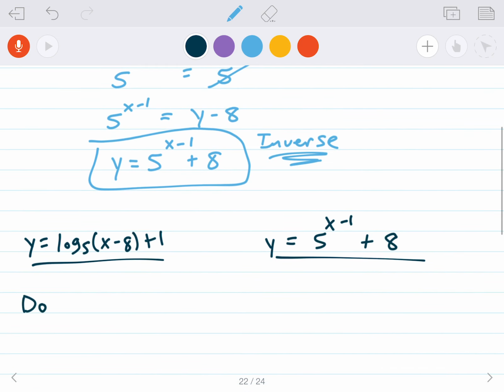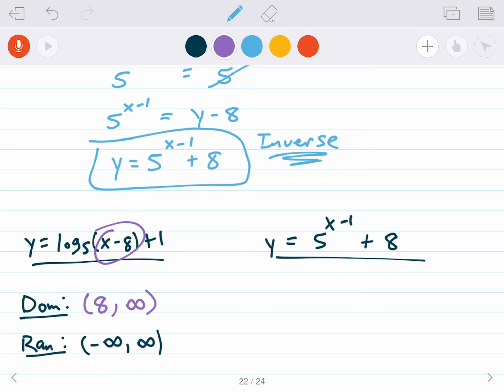All right, so what is my domain and my range for this log? Well, the range is easy. It's negative infinity to positive infinity. We know that. The domain starts when the argument equals 0. So when does the argument equal 0? When x equals 8. So the domain, we're starting at 8. We're going to infinity here.